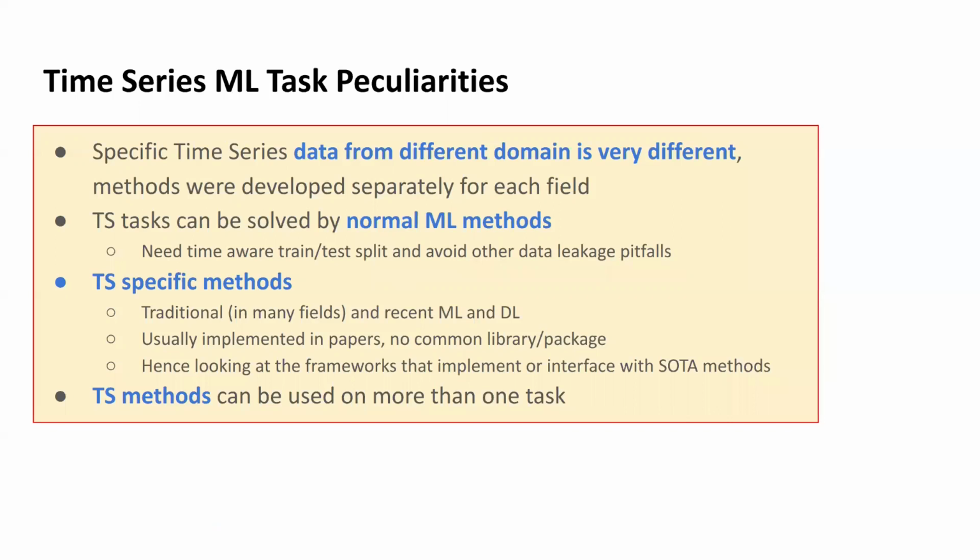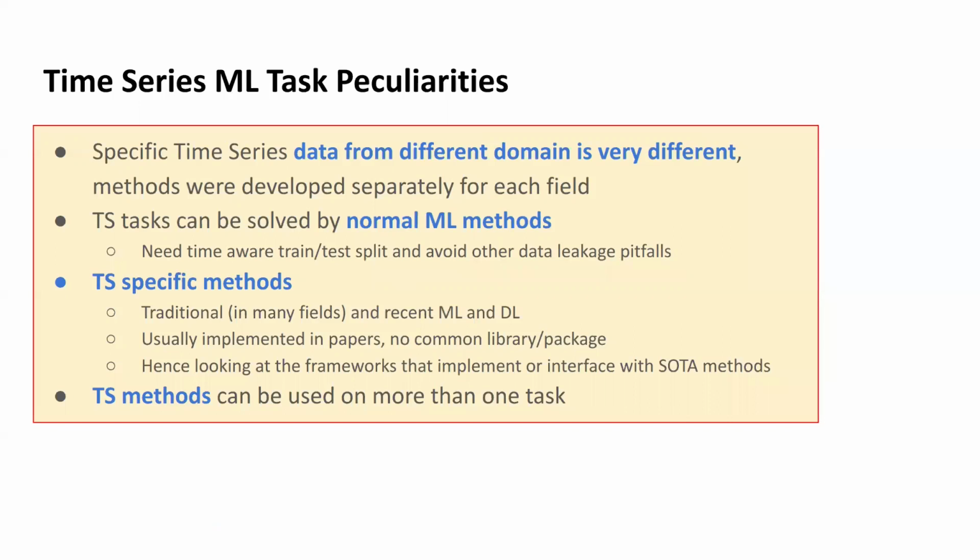So a lot of methods were developed there. In kinematics, a lot of methods were developed to study motion. In economics, they developed different types of methods. So there are a lot of very specific methods for time series.